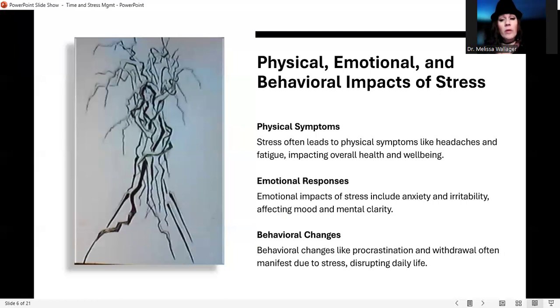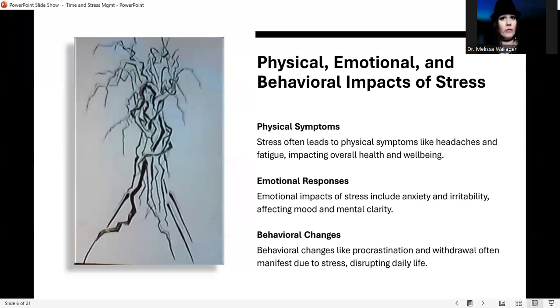We also can experience some behavioral changes. When I feel too much under stress or overwhelmed or overstimulated, I will kind of shut down, and, what should I do next? I don't know where to start. And it causes procrastination, and isolation, or we become withdrawn because we're super overwhelmed.